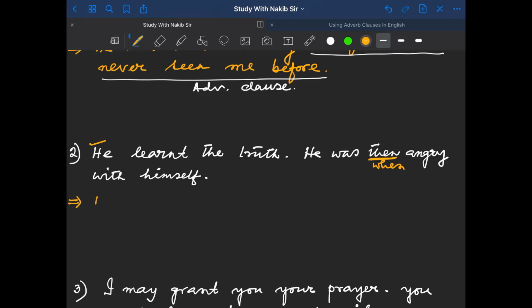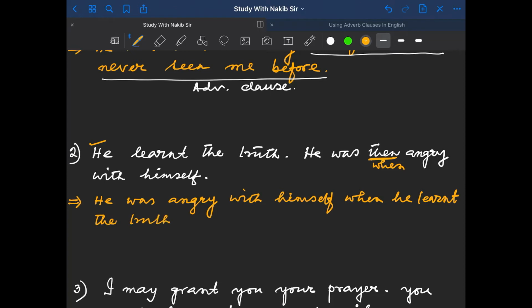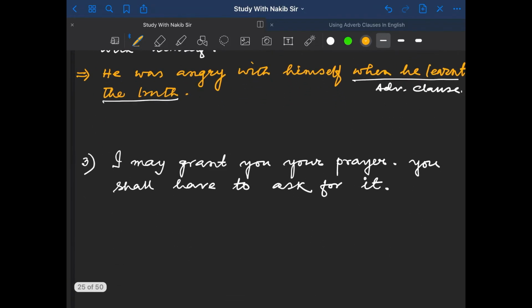So he was angry with himself when he learned the truth. This is the time. When he learned the truth, this is the time. Expressing time, so it is an adverb clause.